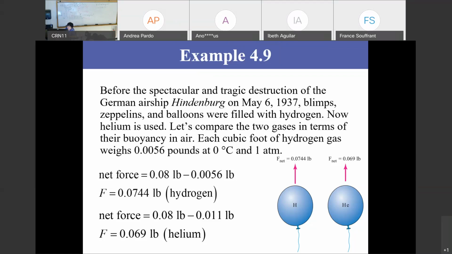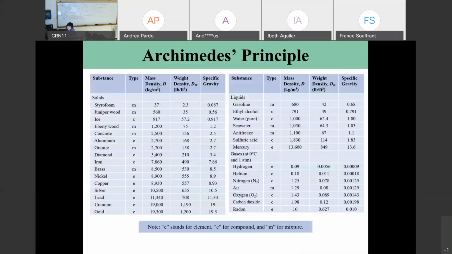Let's take a look actually. What's the density of hydrogen? Oh, that's interesting. The density of hydrogen is even lower. It's exactly half the density of helium. Look here.